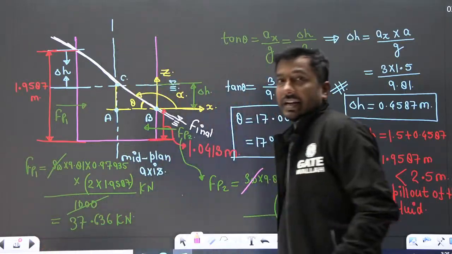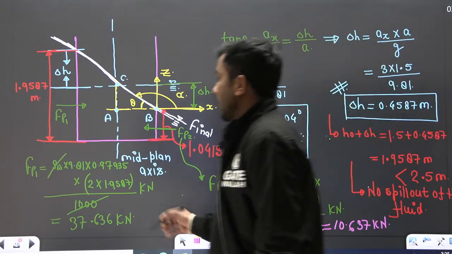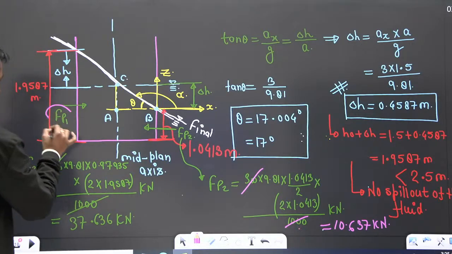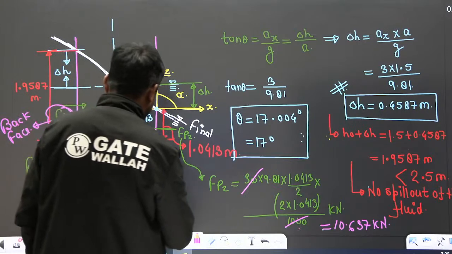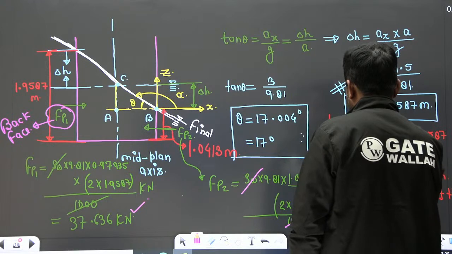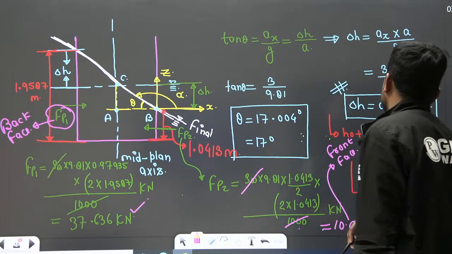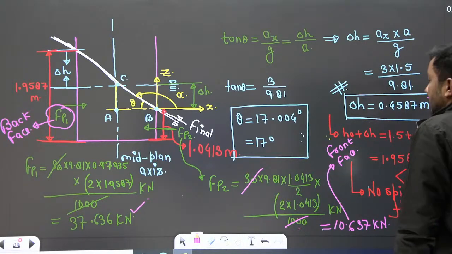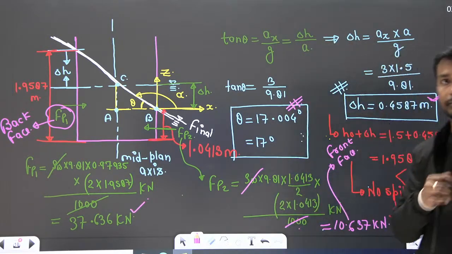So on the back side, the pressure force on the back face should be 37.63 kilonewton, and on the front face, the pressure force should be 10.6 kilonewton. The sides are as shown, and the angle is 17 degree.